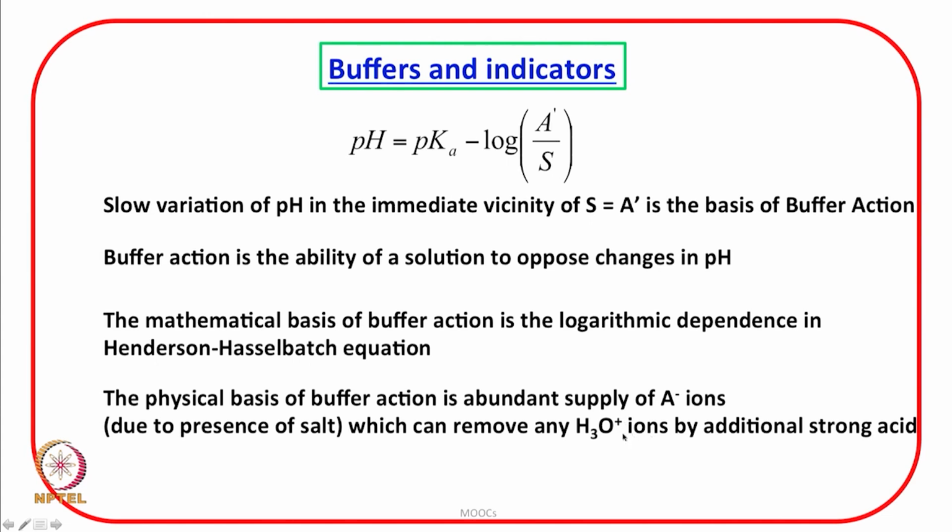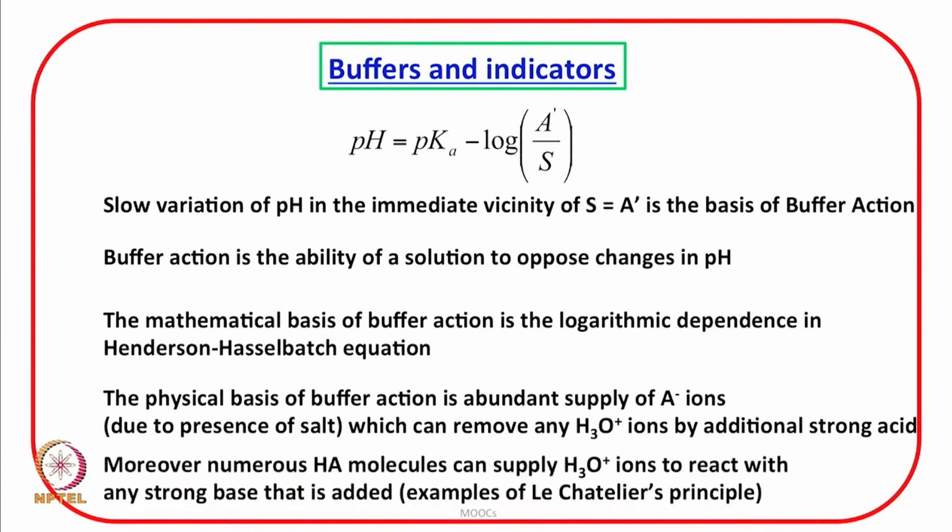That is when small amount of an acid is added, and vice versa, numerous HA molecules can supply H3O plus ions which can react with strong base that is added. So, both these statements are examples of the application of Le Chatelier's principle.